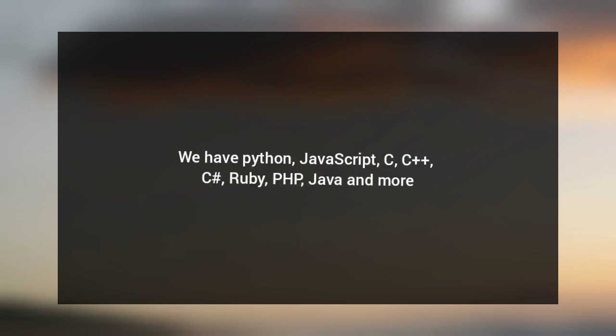Okay, we are talking about programming languages and how to use them. So now, what are examples of programming languages? Programming languages are countless. We have Python, JavaScript, C, C++, C Sharp, Ruby, PHP, Java, and even more.